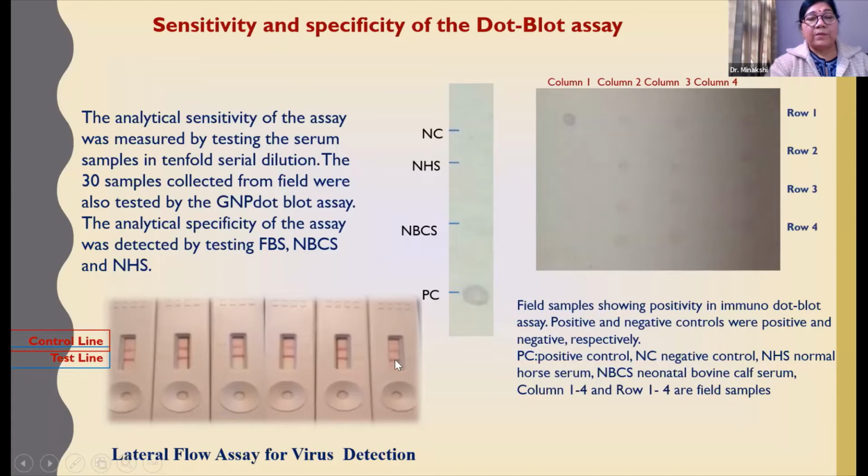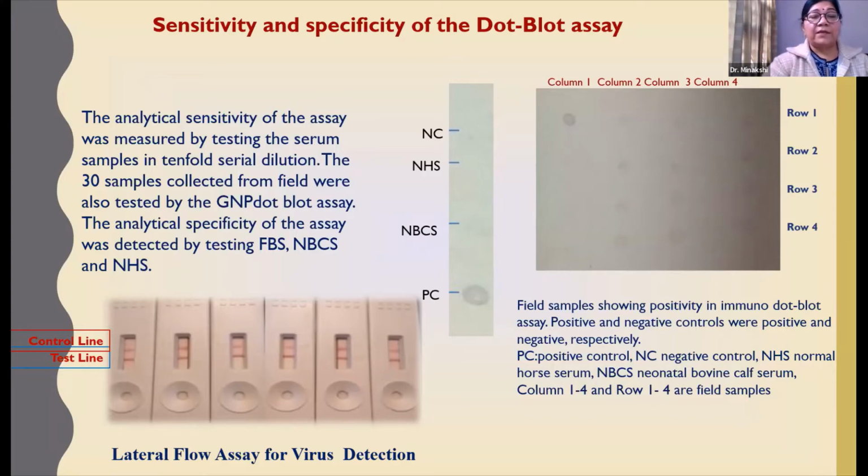The same thing can be performed in a small strip, and everybody now knows that these types of tests are commercially available for many other things like sugar and pregnancy tests. Just like that, if one line is there, it means this sample is working properly, the test is proper.